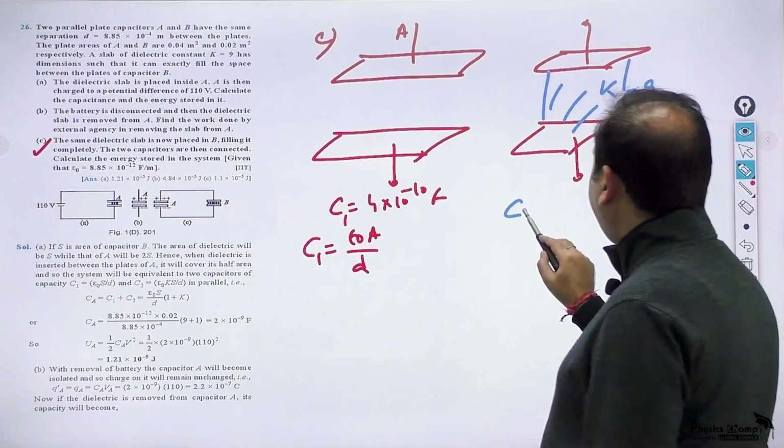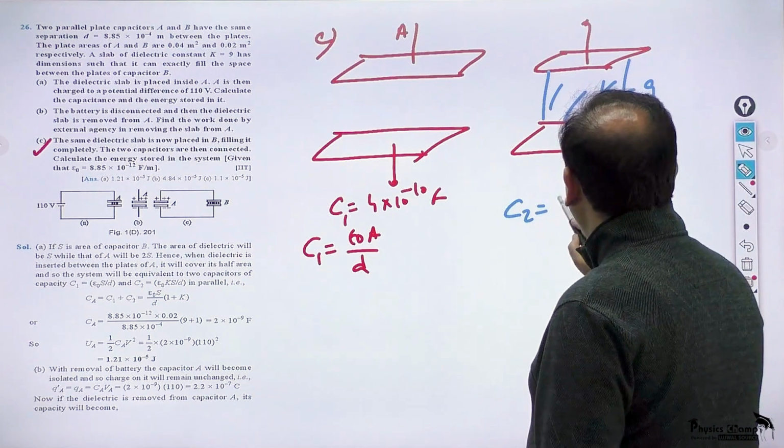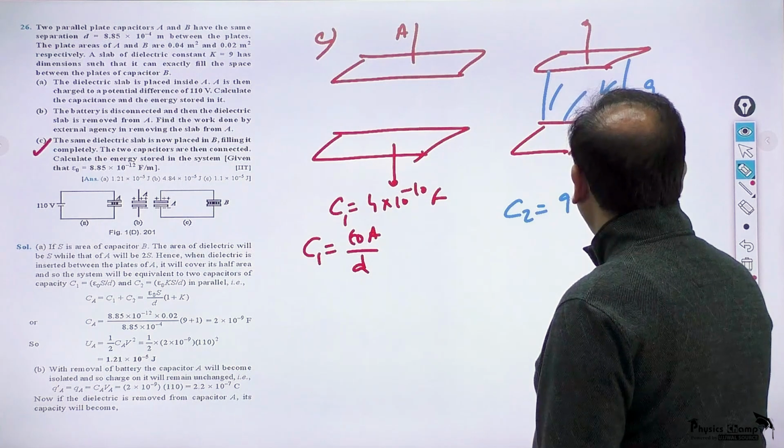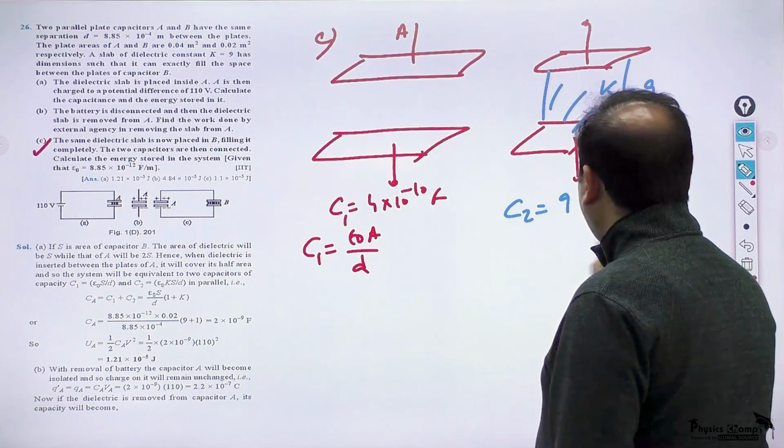So we will have capacity of this, it will be 9 epsilon naught A by 2 by D.